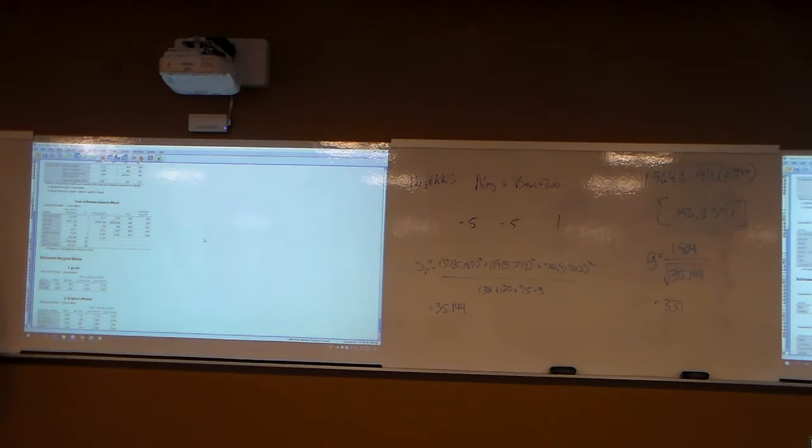We want to keep our IVs and our DVs straight. So give it another shot. The effect of religion or conservatism on gender. Okay, close. So you say I would switch them around, right?